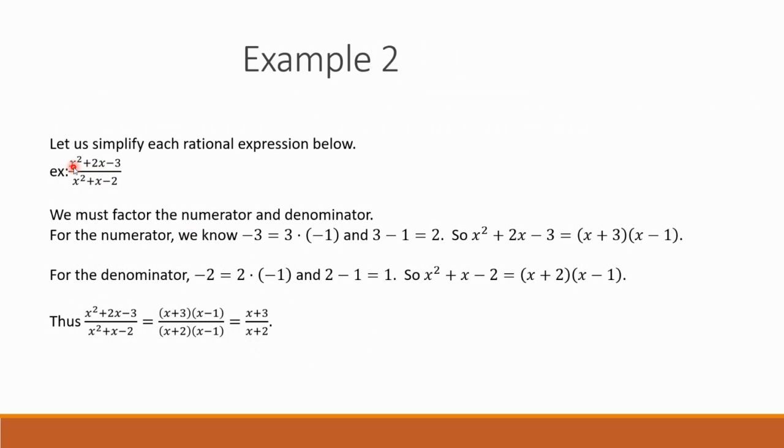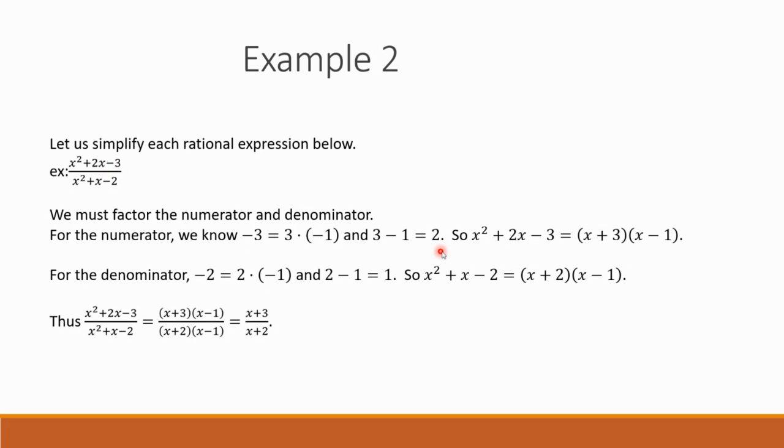But since we have x squared plus bx plus c, let's try that method from earlier where we look for two numbers whose product is the constant term and whose sum is the coefficient of x. In other words, for the numerator, we want two numbers whose product is negative 3 and whose sum is 2.